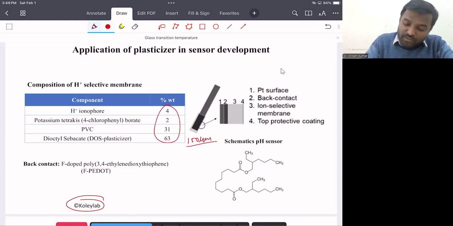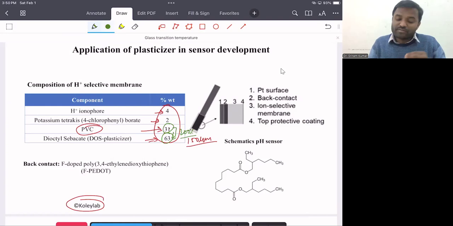We have 4% of the ionophore, potassium tetrakis(4-chlorophenyl)borate, PVC is 31% and the dioctyl sebacate, DOS, plasticizer. If you just see the percentage here, the percentage of the plasticizer is 200%, double as compared to the PVC.